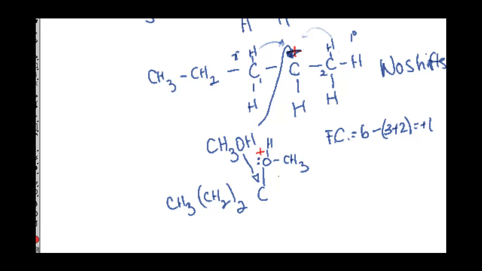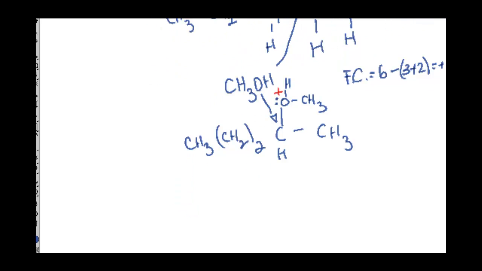And that's not a stable compound, because oxygen likes negative charges. It's electronegative. So what we end up having to do is the alcohol then comes and picks up this extra hydrogen right here, and you end up with these 2 final products.